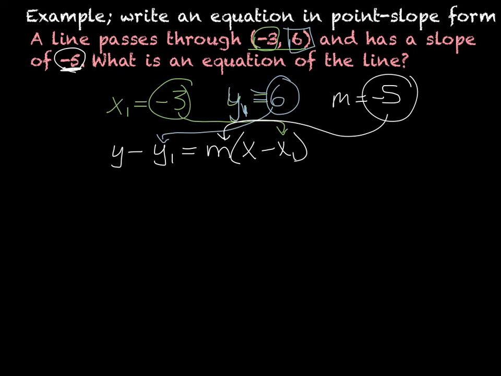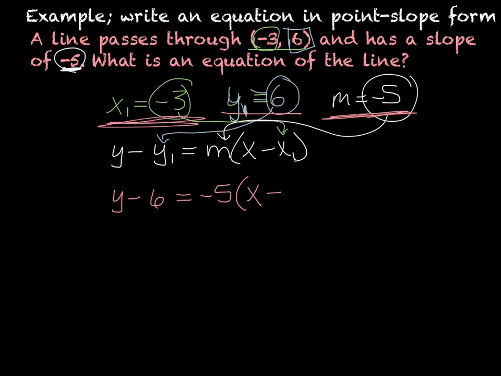So my equation is going to be y minus my y sub 1 term, which I put in the 6, because y sub 1 equals 6, equals my m, which is the -5, times the quantity x minus my x sub 1, which is -3.